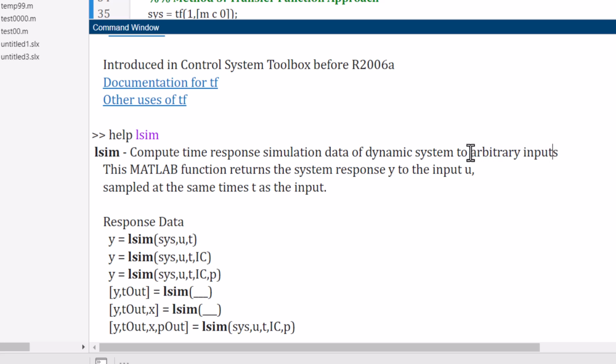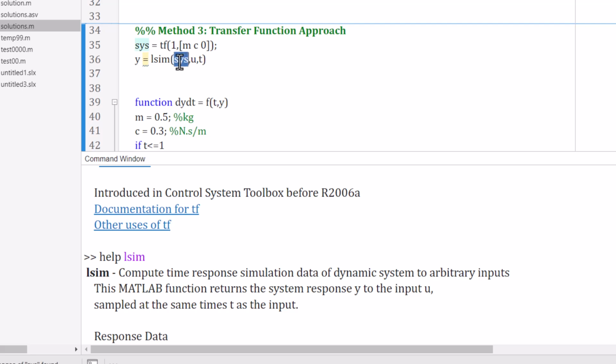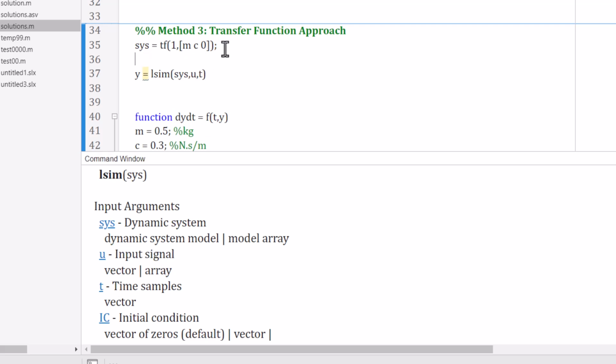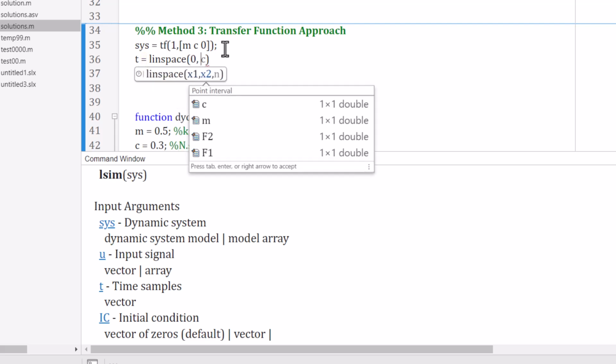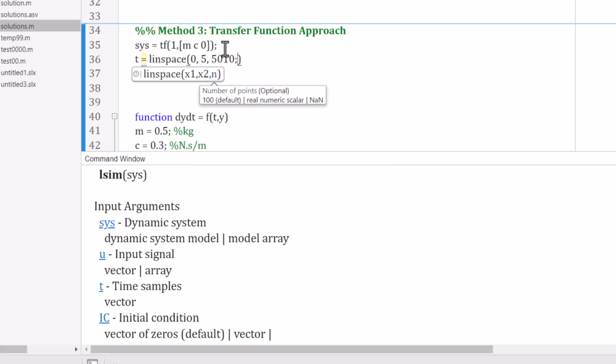So our input is arbitrary, it is not continuous, it is not a known function, and I have to define it in this way. So I copy and paste the syntax. It knows the sys already. It needs u, and u is, as defined here, the input signal, and t has to be time sample. So t is going to be linear space of 0 until 5 seconds in 501 points.